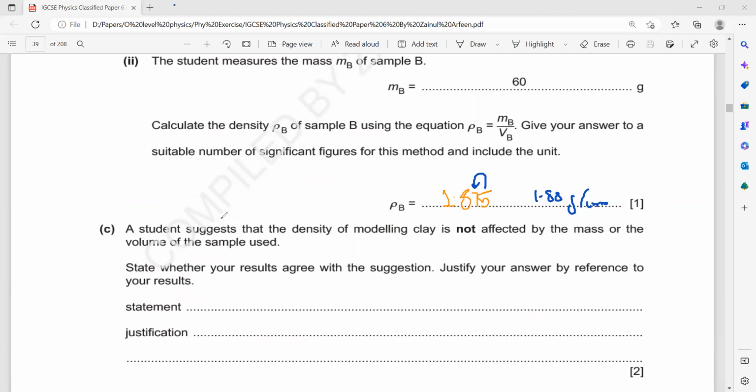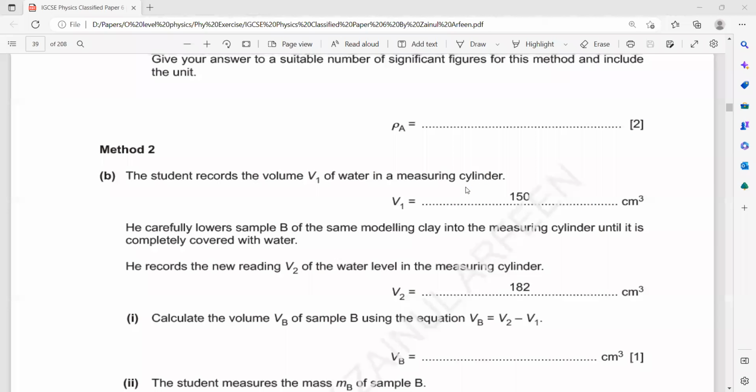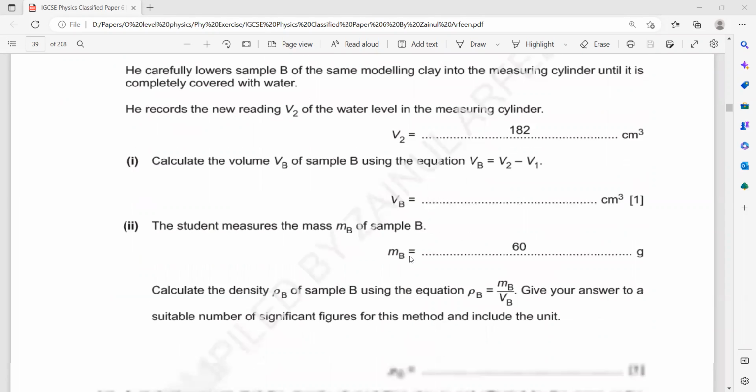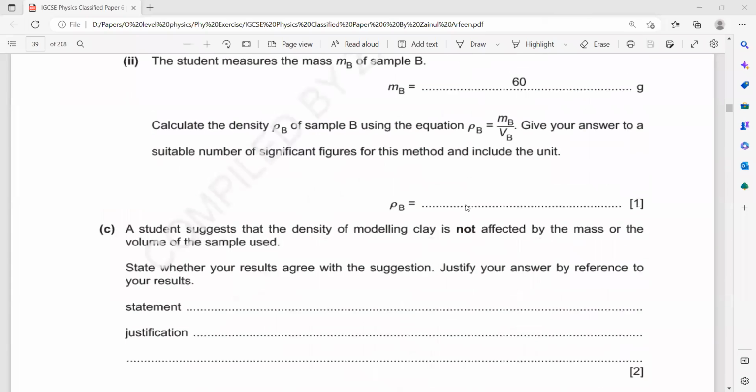A student suggests that the density of modeling clay is not affected by mass or volume. Density won't change whatever method we use. We should get the same density. What was the answer for the first density? 2.84. And this is 1.88. So we have to compare our results.